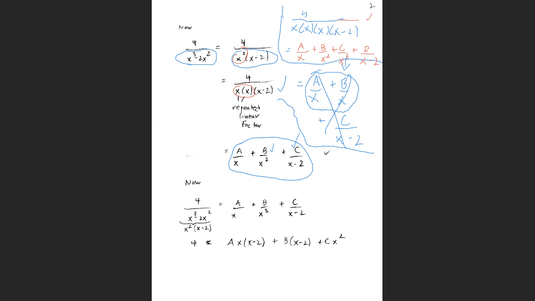So we can't ignore the repeated linear factors. We can't ignore when we have repeated factors of any kind. So okay, here's the partial fraction expansion, and so I have this rational equation, and just like previous times, I'm going to multiply both sides by the least common denominator, which is x squared times x minus 2.